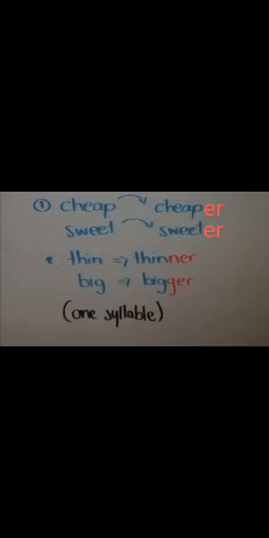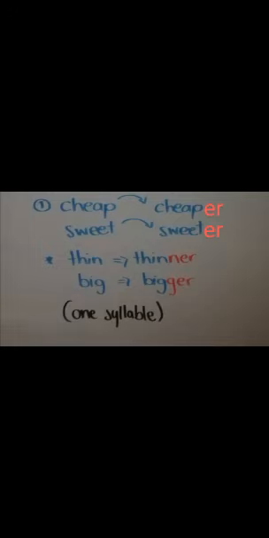HIN, which is consonant H, vowel I, consonant N. So consonant, vowel, consonant. And in big the same is happening: B-I-G, consonant, vowel, consonant. So when you have this in an adjective, what you have to do is double the last consonant.